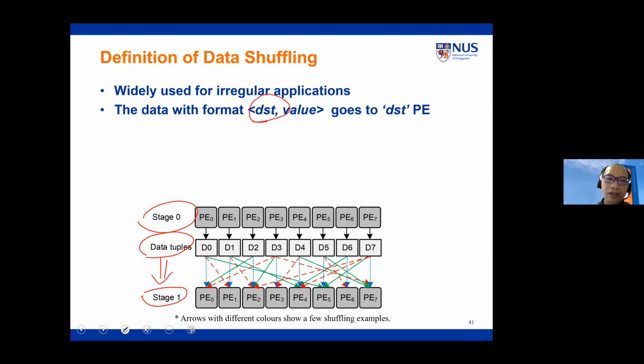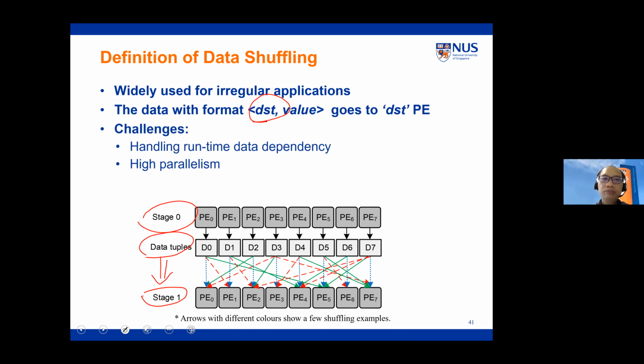This simple example shows we have 8 tuples to be sent from stage 0 to stage 1. Because we only know the DST at runtime, and it can be different from time to time, there's no way the compiler can do static compilation on this.